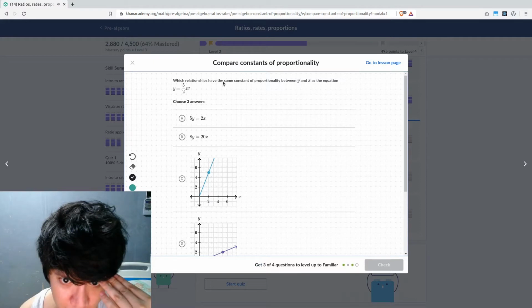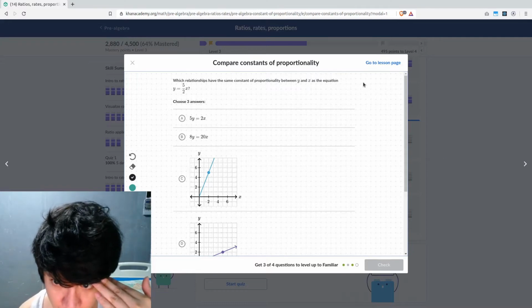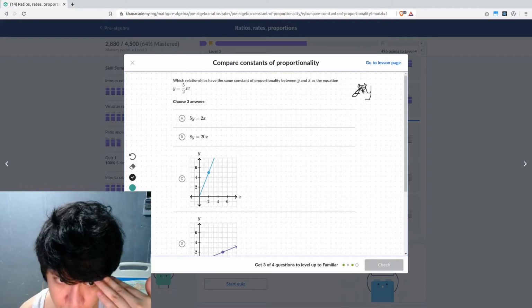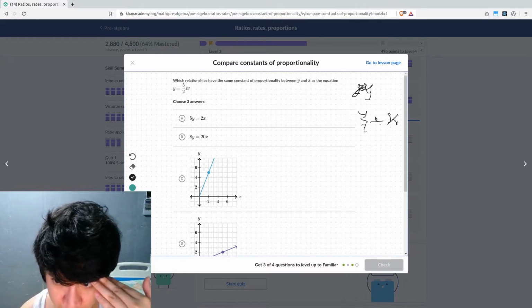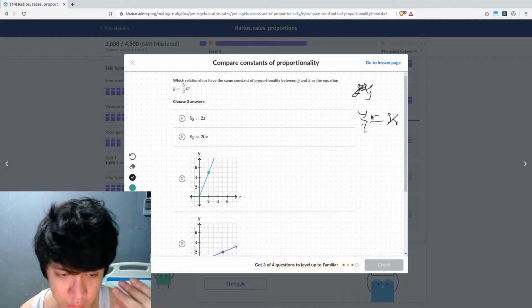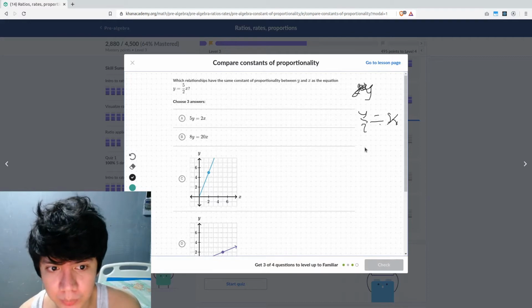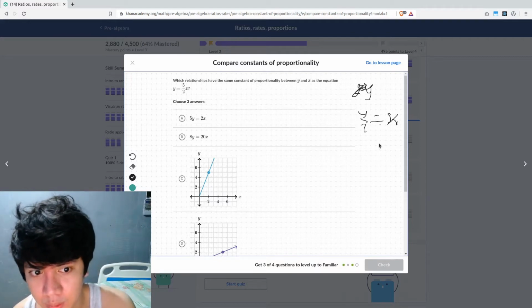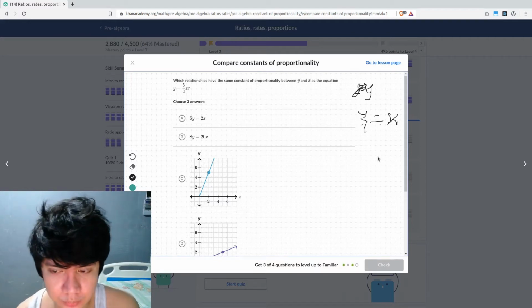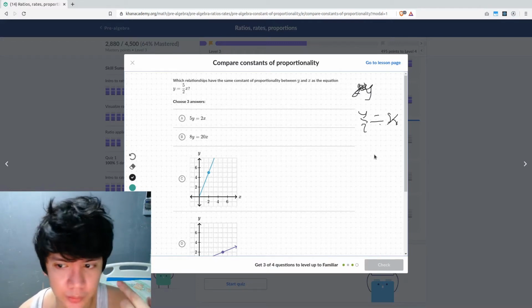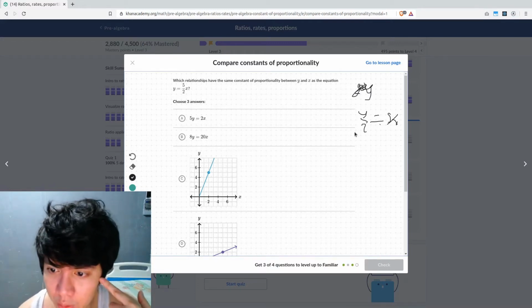We should have the same constant of proportionality between x and y in this equation, 5 halves. Okay, cool. So I guess if we divide it by 2, we have 2. No. Y equals 5x. How do I... If I multiply this by... Oh my god, I'm confused. Let's see first.